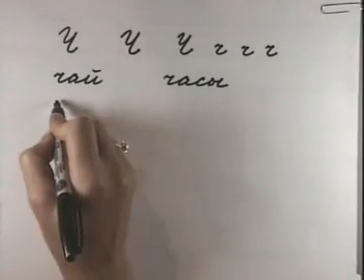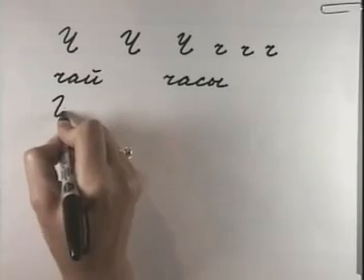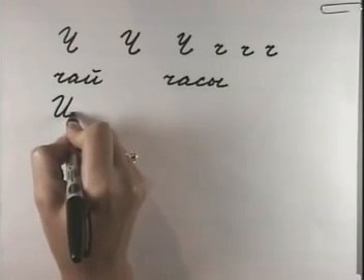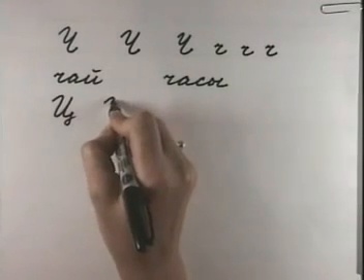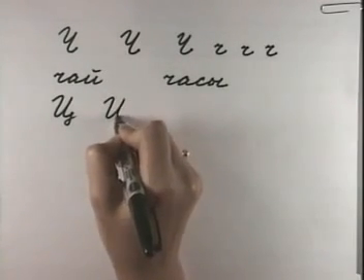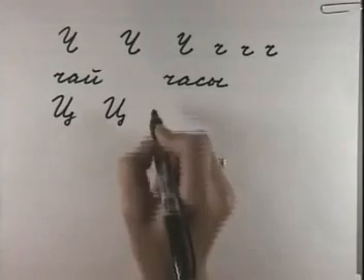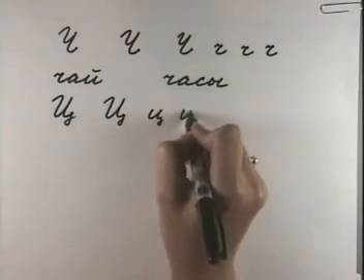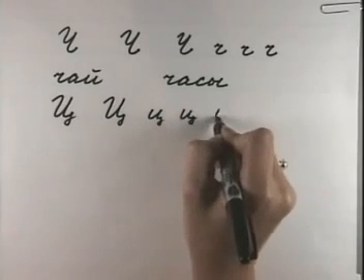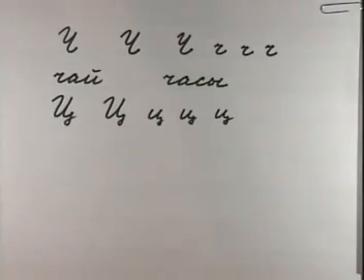We also looked with you at the letter C. And you know it's the one with a tail. C. And this is your lowercase version. Also has a nice little tail on it.